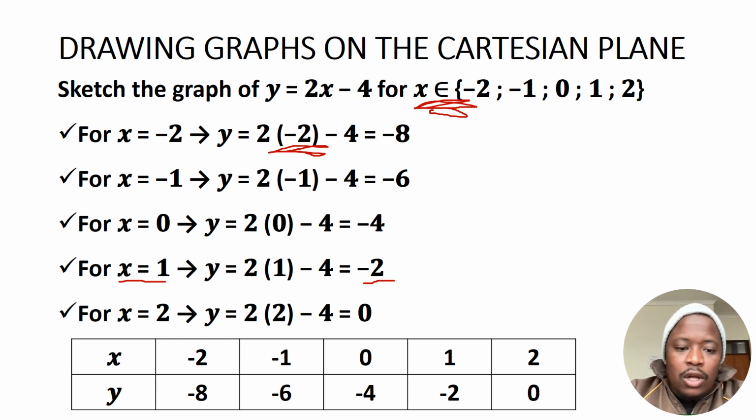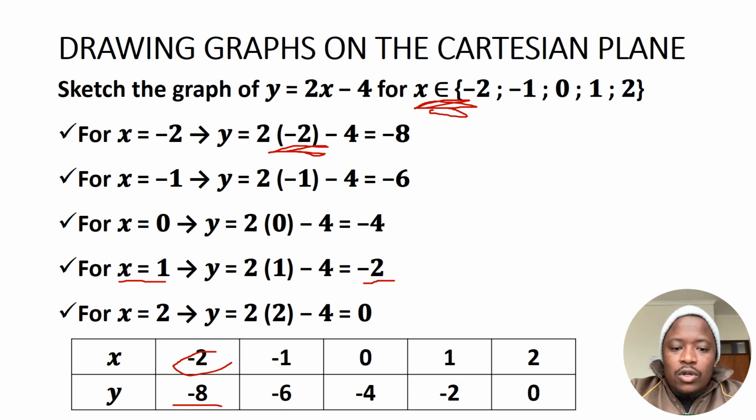Then the above information, we can represent it in a table form. On top, we will have our x values, below we will have our y values. If x is equals to negative 2, therefore y will be equals to negative 8.